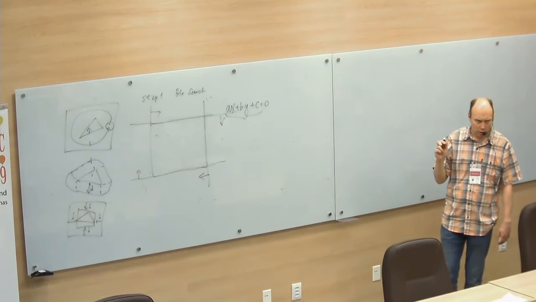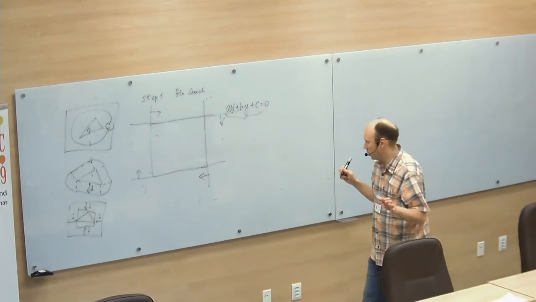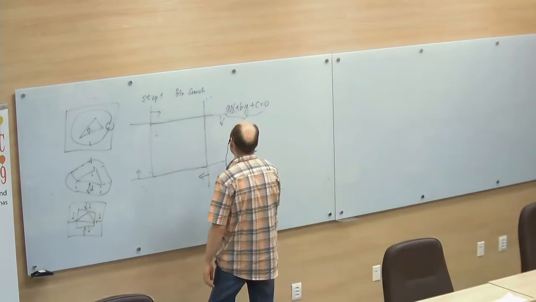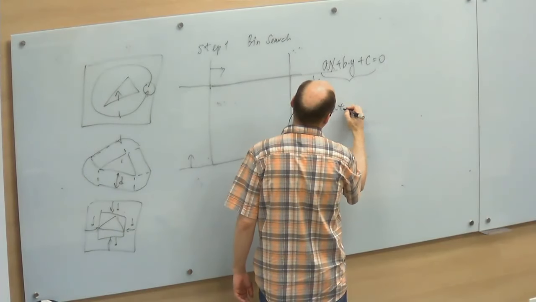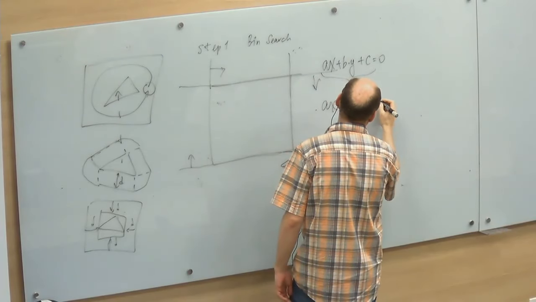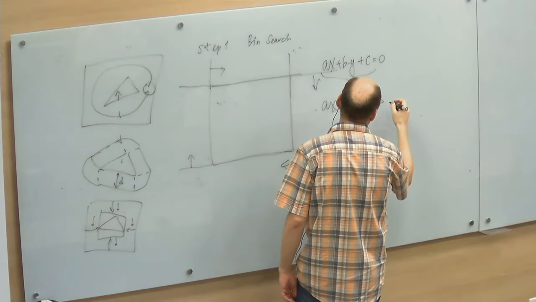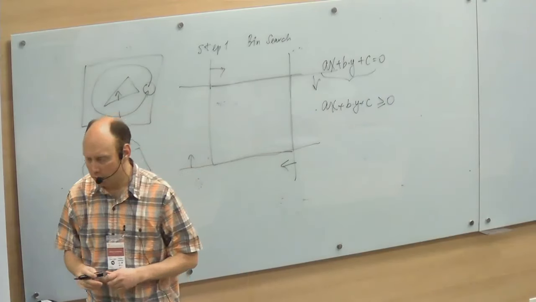So either they will all be positive or they will all be negative. Let's say that all of them are positive. So for each such point, a times x plus b times y plus c must be greater or equal to 0. That's the point inside this polygon.